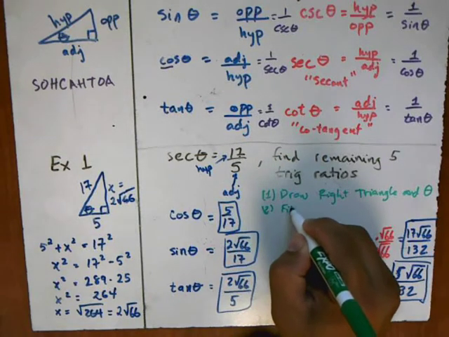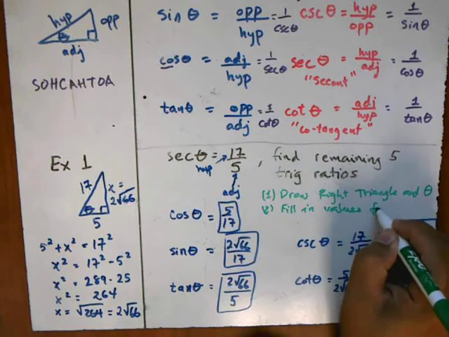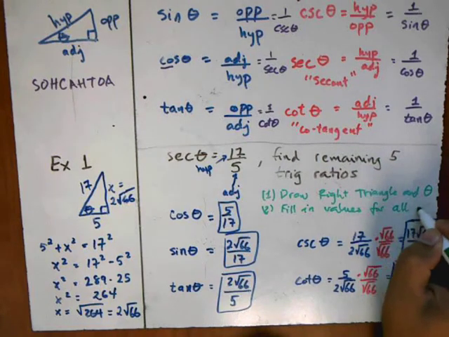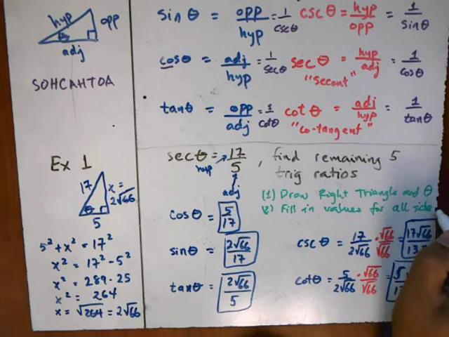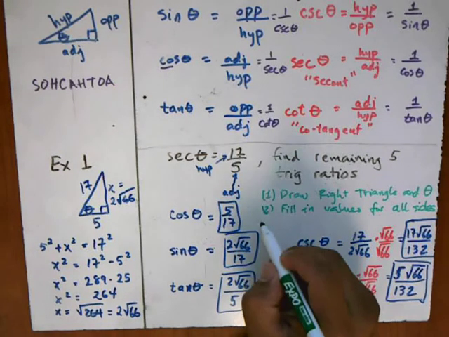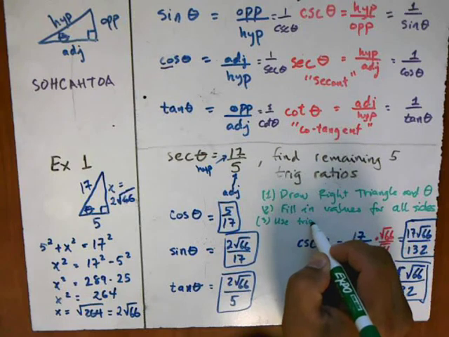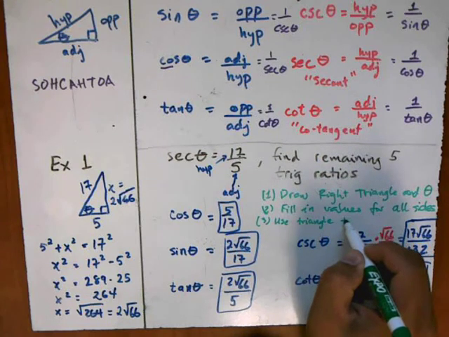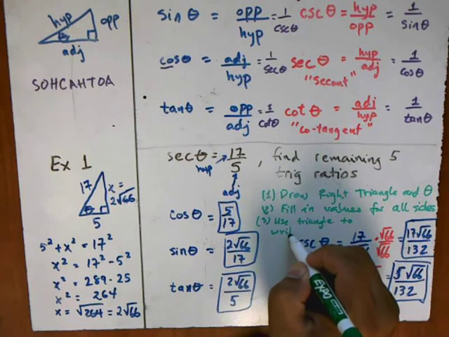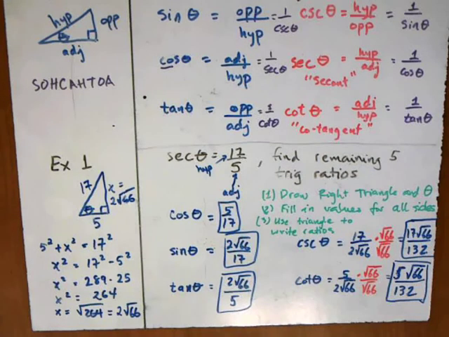Fill in values for all sides. And then use that to get the trig ratios. And just remember that as you do this, make sure you convert it to simplest form, simplest radical form.